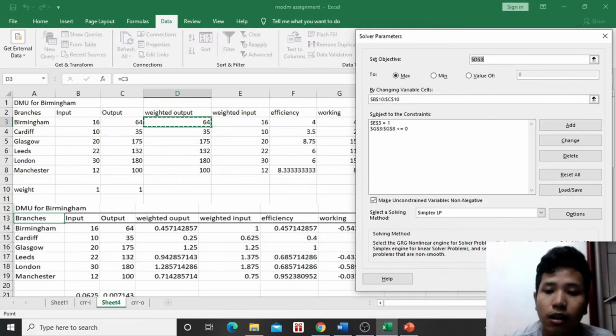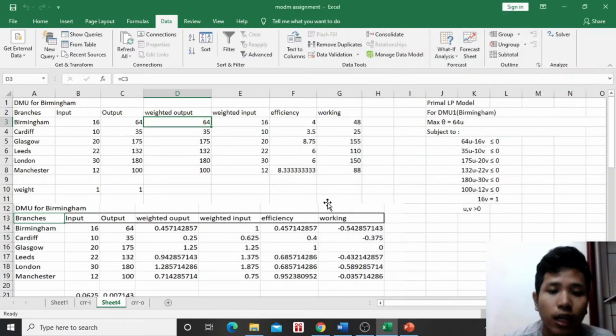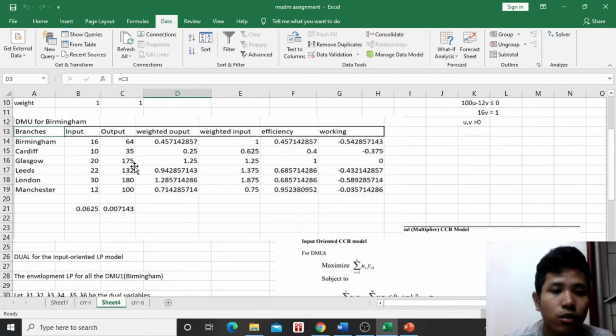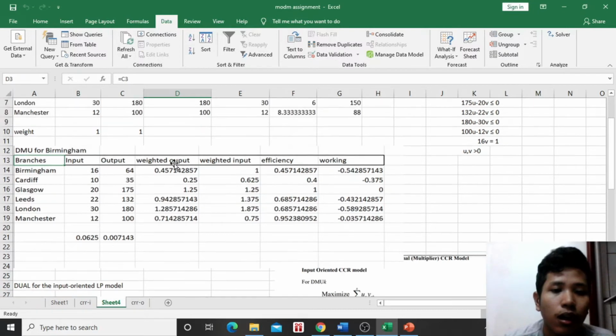Then just click solve. Okay, so I have done the solver, and this is what we get. The values for the table have changed. The efficiency for Birmingham is 0.45714287. So that is the CCR, or the optimal solution, for Birmingham.